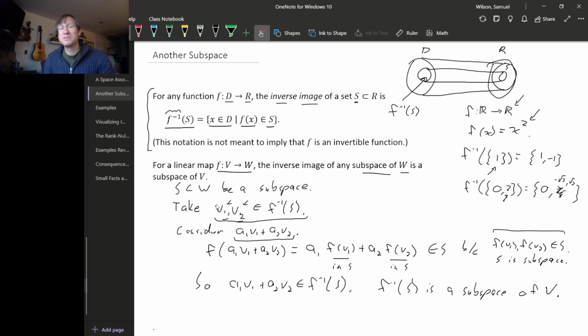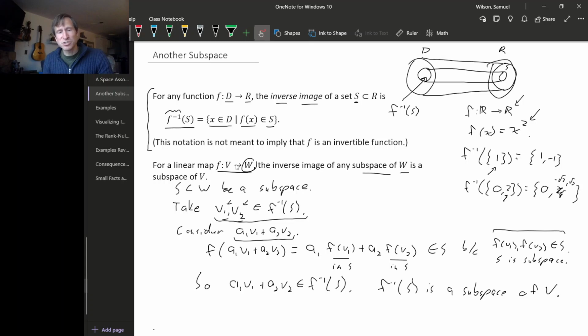Of course, there's one particular example of this that's most important. You might think that the most important example is the inverse image of W, the entire codomain, but actually the inverse image of W is always all of V, so that's actually not very interesting.